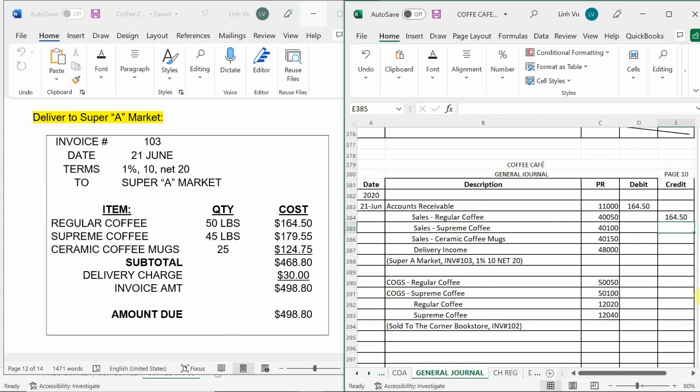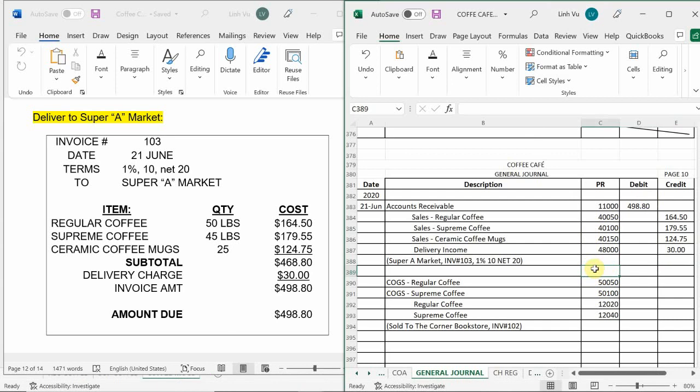We sell 45 pounds with $179.55. Okay, and the ceramic coffee mugs? It's 25, $124.75. And how much did I charge for delivery? We charged them $30. So in this case, did I get a total of $498.80? Yes, I did.